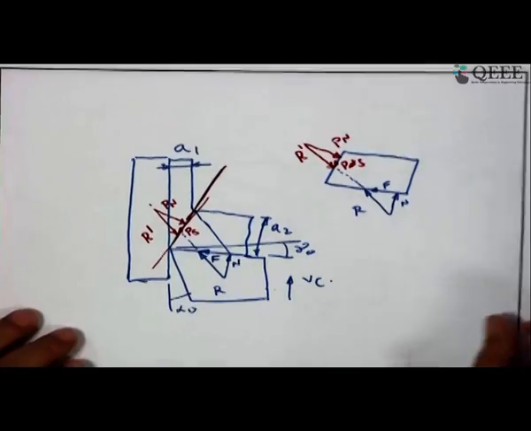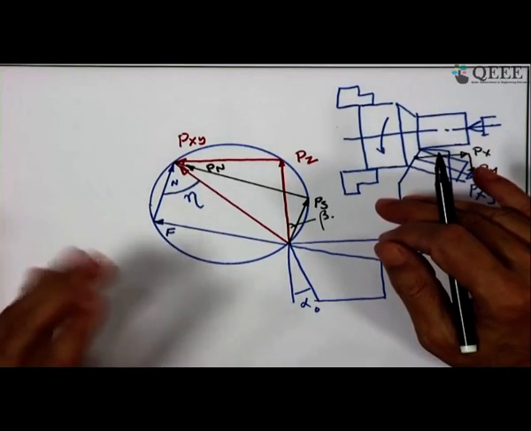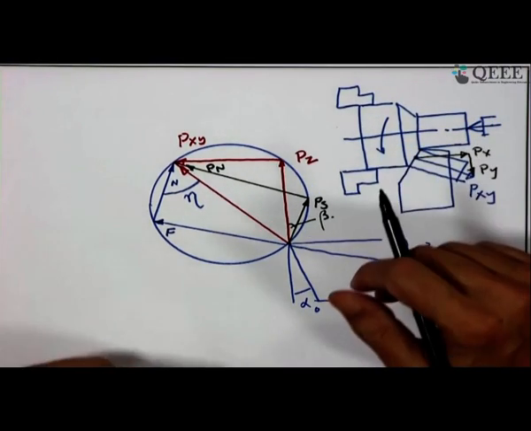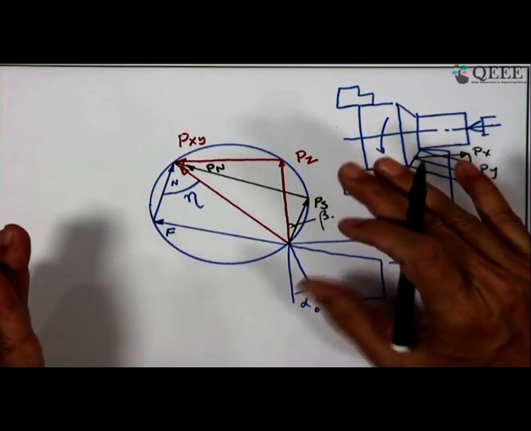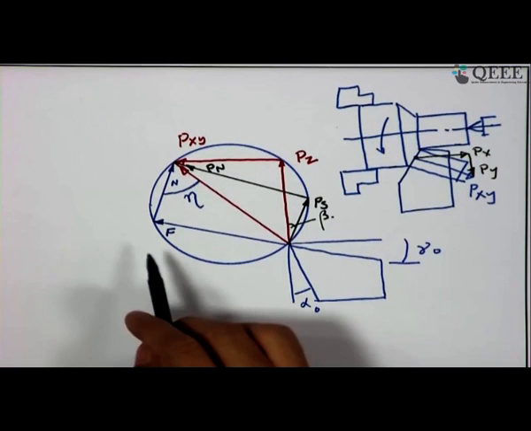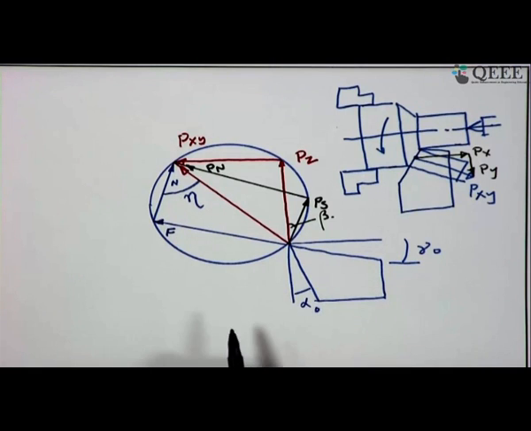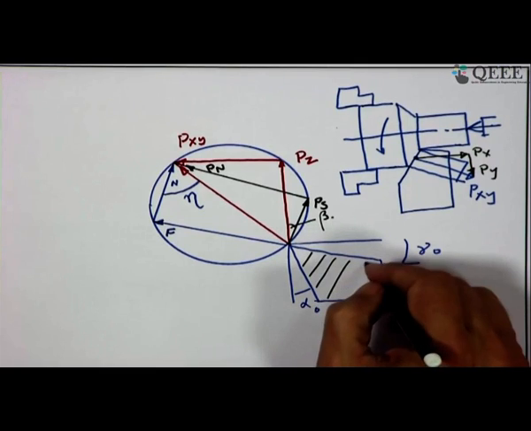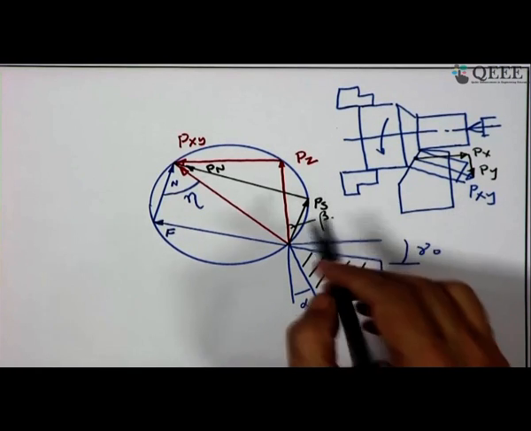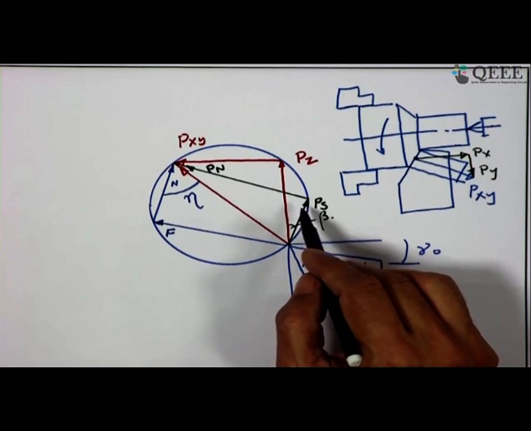So, finally, what we see here is this circle which was established by Professor Merchant. It correlates all the forces. That means, if we see here one by one, F and N are exerted by the cutting tool, this is your cutting tool, it is an orthogonal cutting tool, then PS and PN are the forces which are acting on the shear plane.